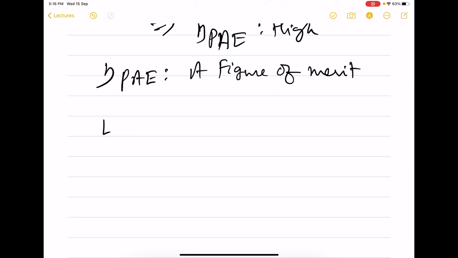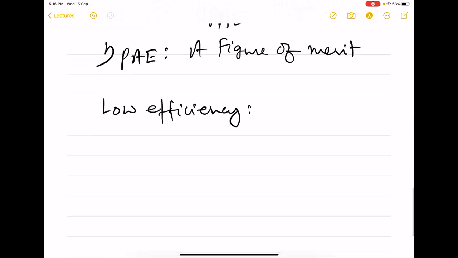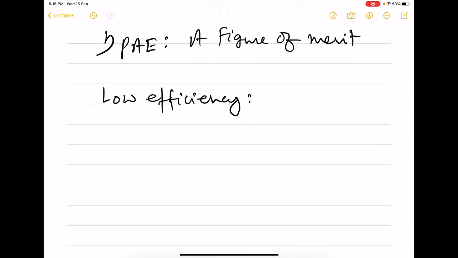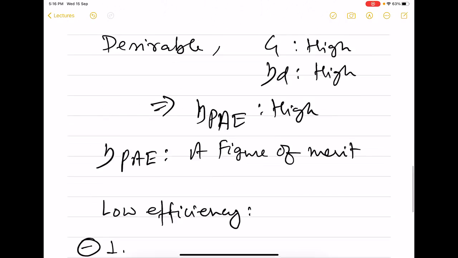So if we have, for example, low efficiency, what are the disadvantages that we will have? The first disadvantage is that a lot of heat will be generated. Poor or low efficiency means that not the complete or major portion of the DC power is getting converted into RF power.